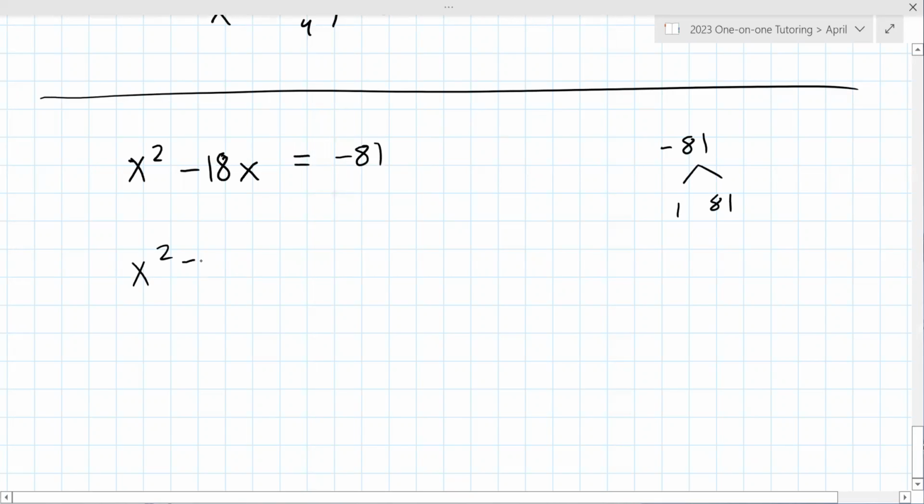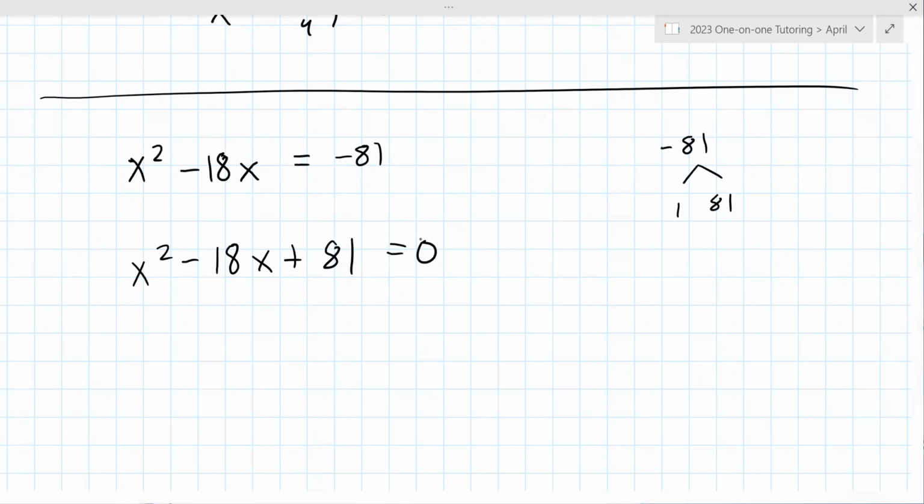Because now it does work, which is where I was leading you on the one on the right. The original one did not work. I don't know that you've seen that. But yes, two numbers that multiply to 81 but add to negative 18. Do you have those for me?